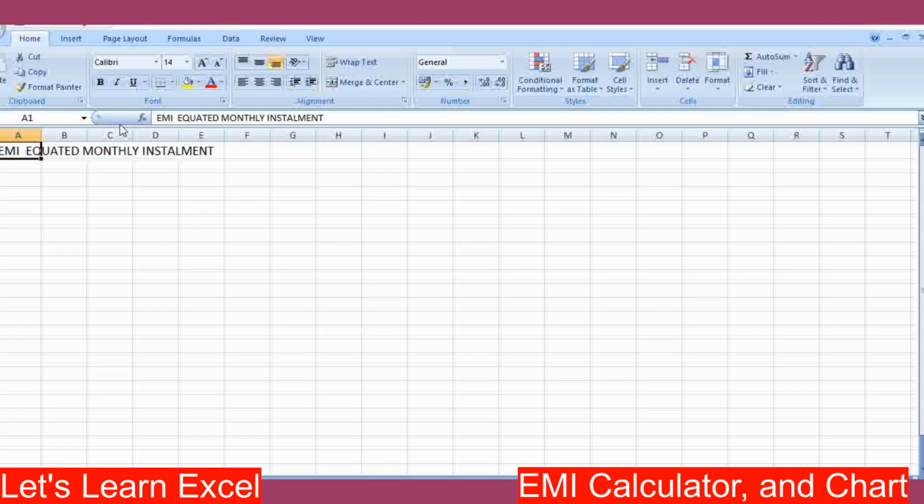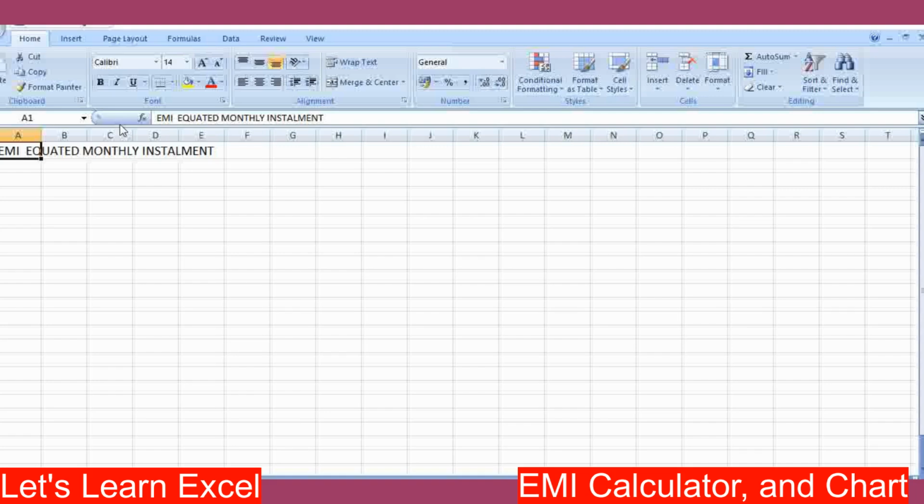Let's learn Excel. Today we will have a look at calculation of EMI. What is EMI? EMI is a short name for equated monthly installment. So now, for example, we want to take a loan for housing.